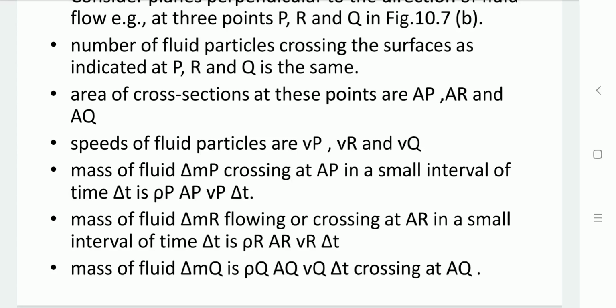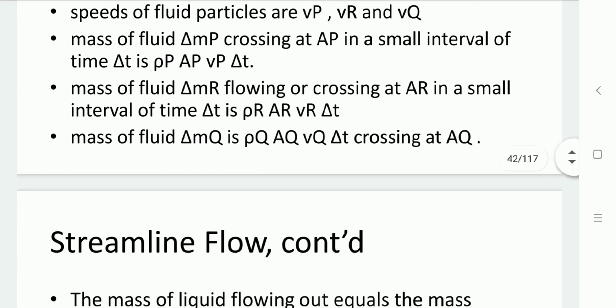The mass of liquid flowing in is the same as the mass of liquid flowing out, so all these values are equated.